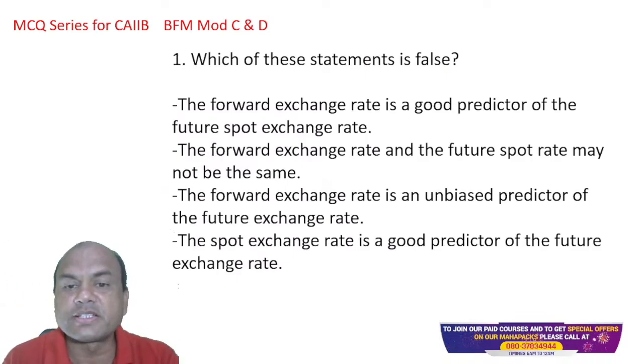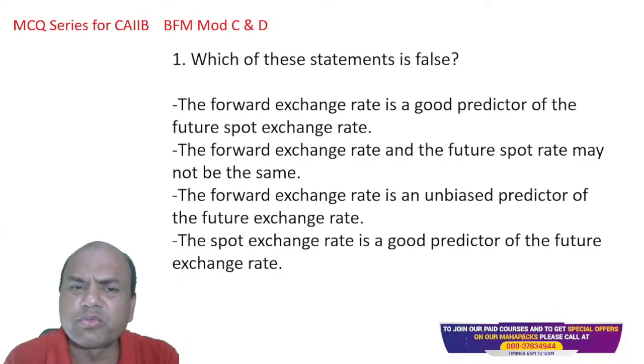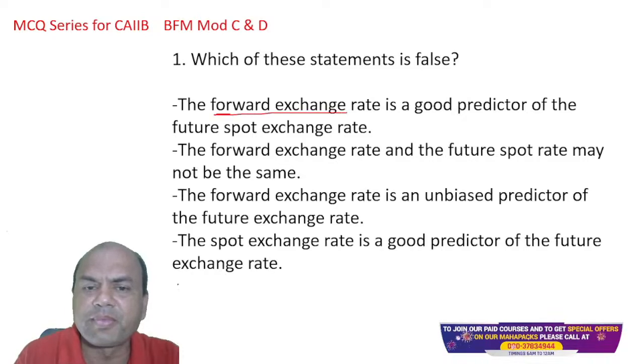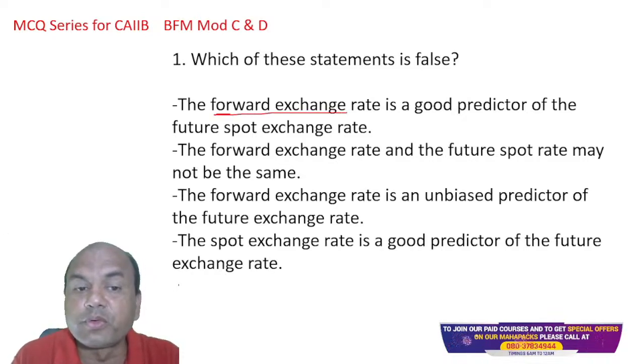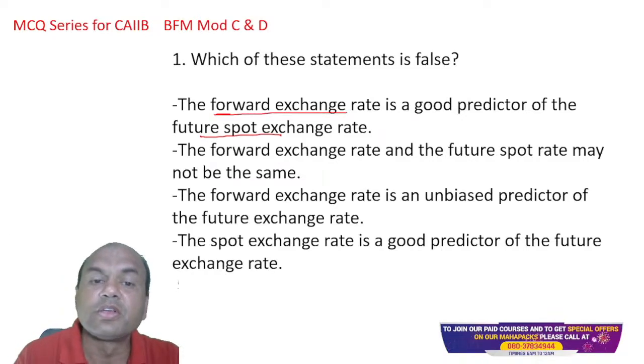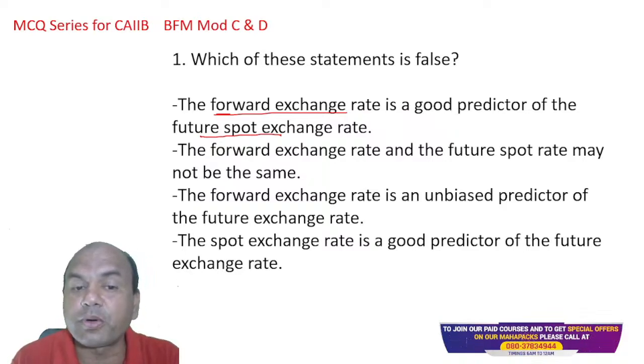Which of the following statements is false? A forward exchange rate is a good predictor of the future spot market. So the forward rate can predict the future spot exchange rate. A forward exchange rate and a future spot market may not be the same.